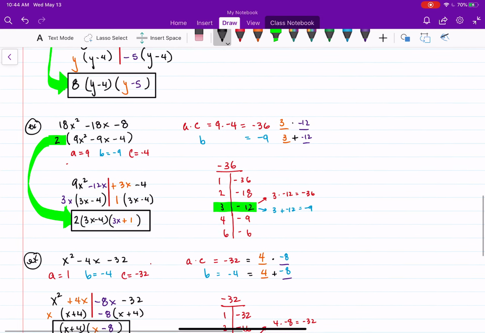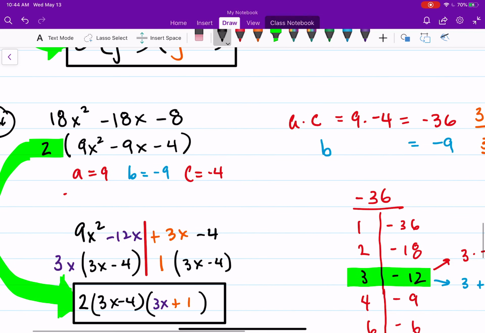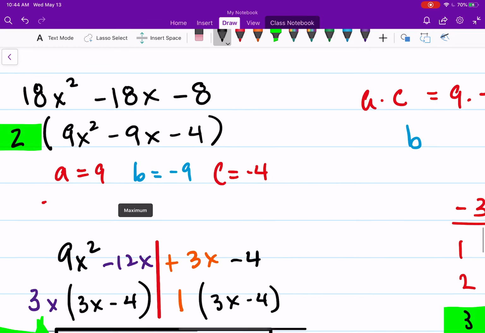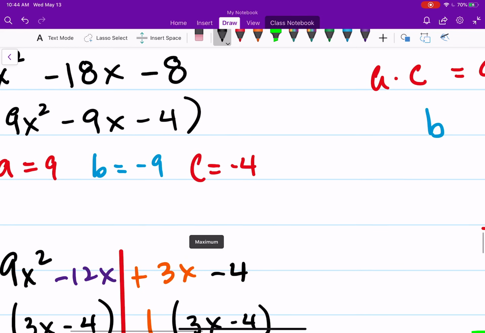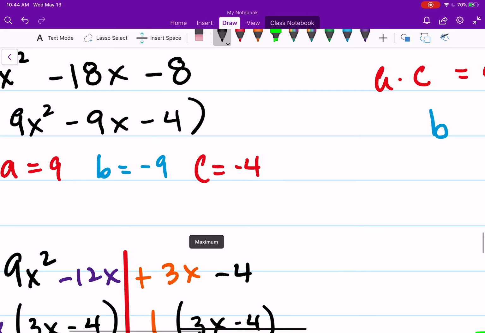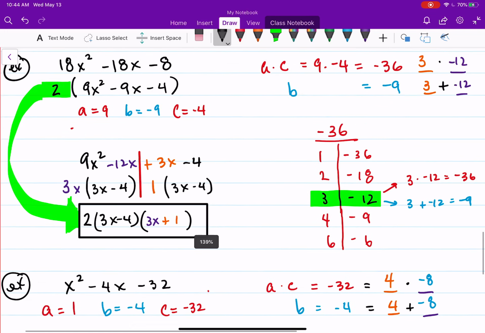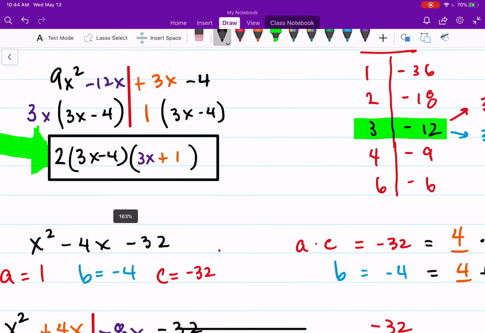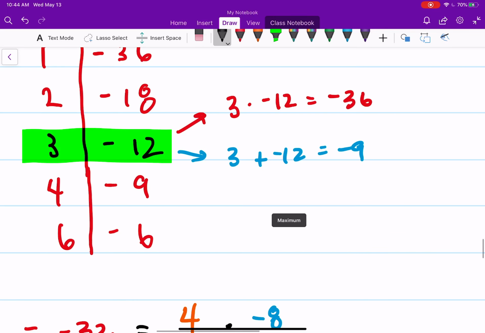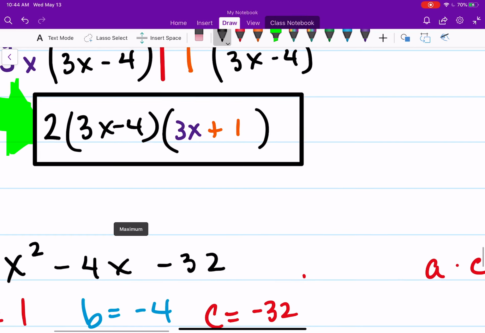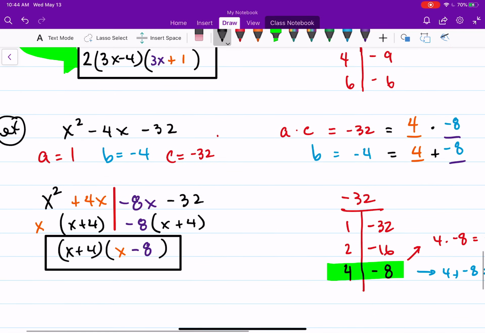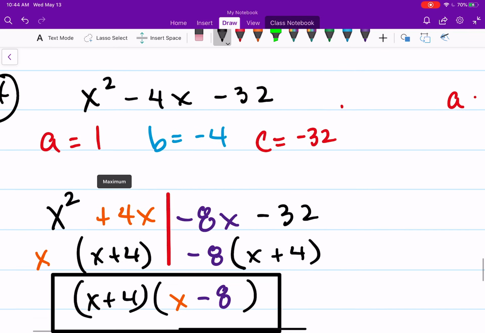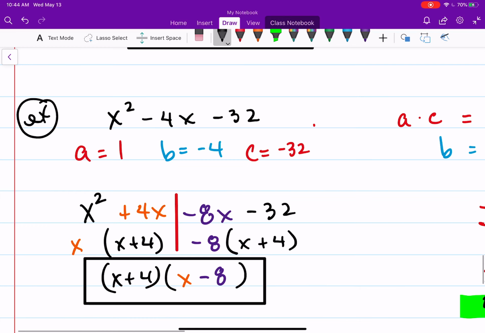This example right here, even if we pulled out the 2, my a is still not equal to 1, it's equal to 9. So once we do this, notice that these two numbers are not in here. However, this last one, what's my a? a is equal to 1.